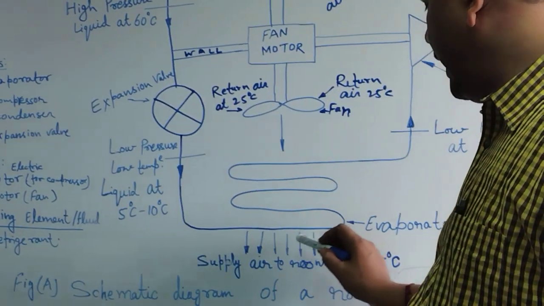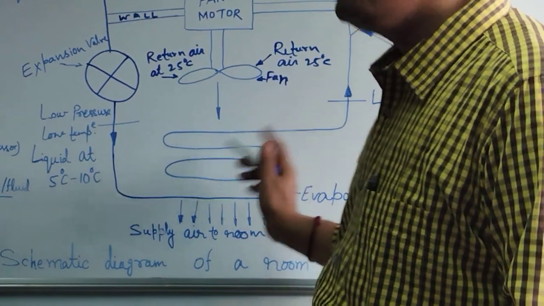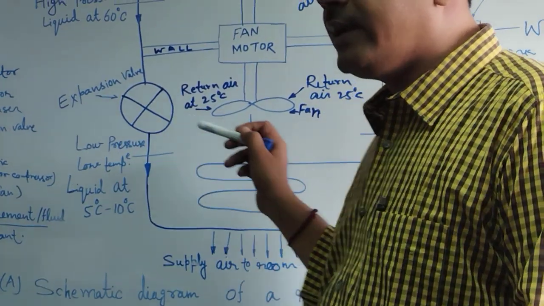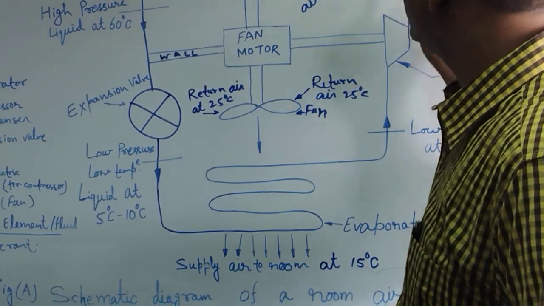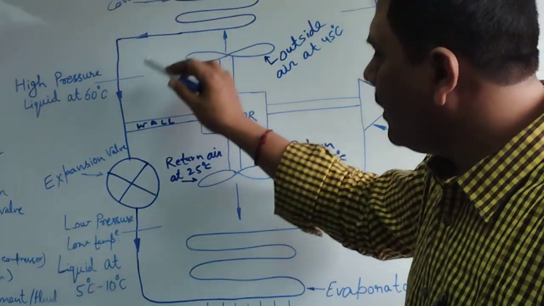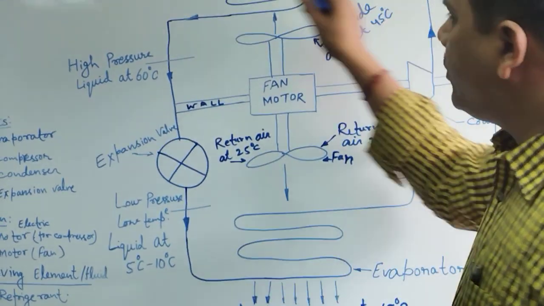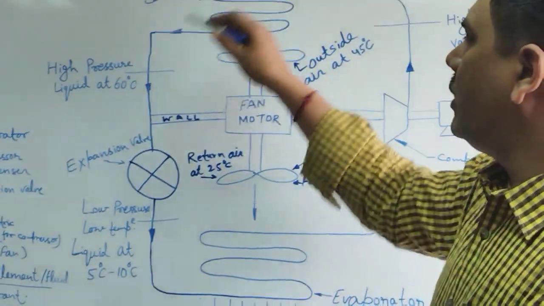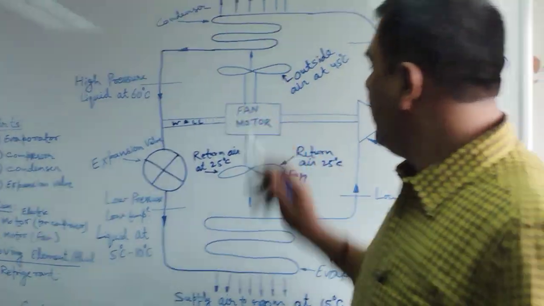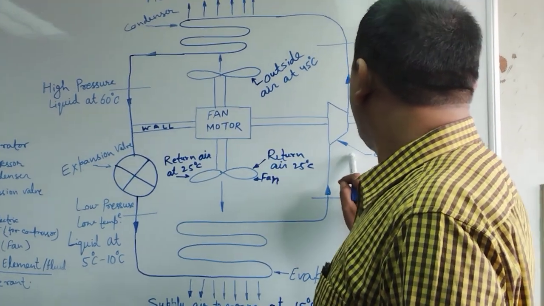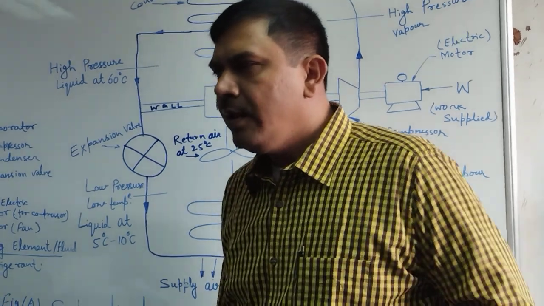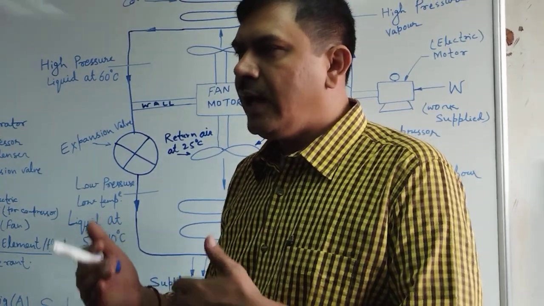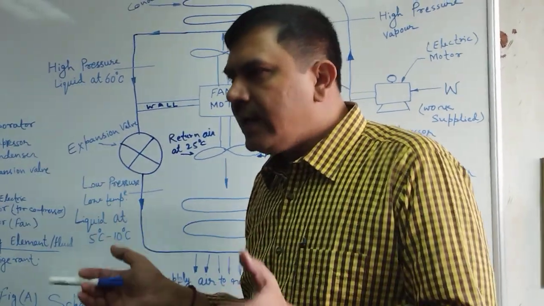Then again it goes to the evaporator, where it receives heat due to the latent heat of vaporization, and it works. Then it goes to the compressor, condenser and expansion valve, and continuously repeats the cycle. With the evaporator, compressor, condenser and expansion valve, our full circuit is completed.